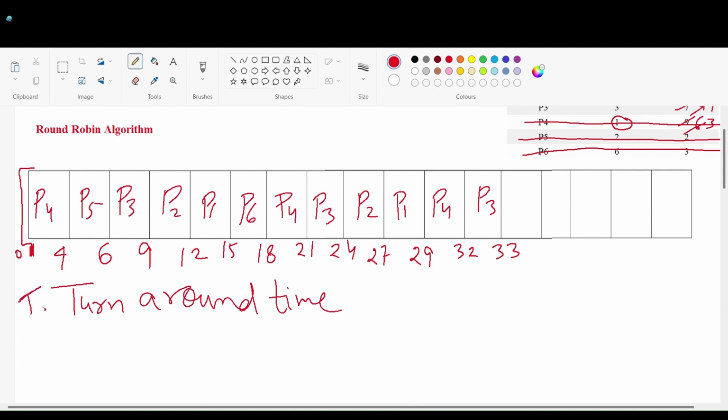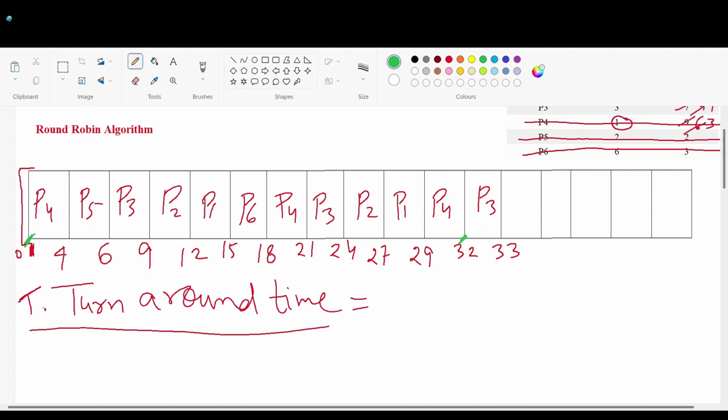Total turnaround time: start from P4. P4 enters into the system at 1, and P4 exits from the system at 32.